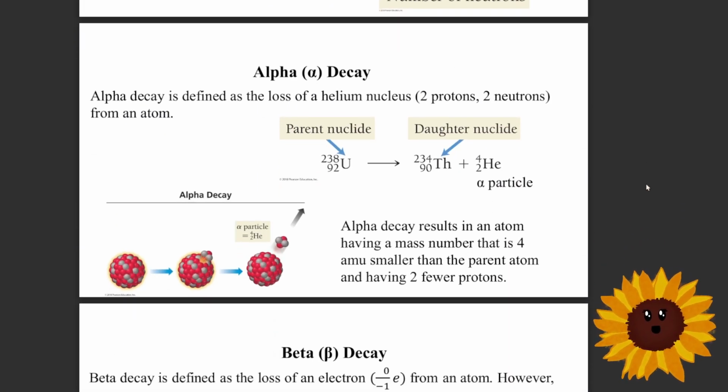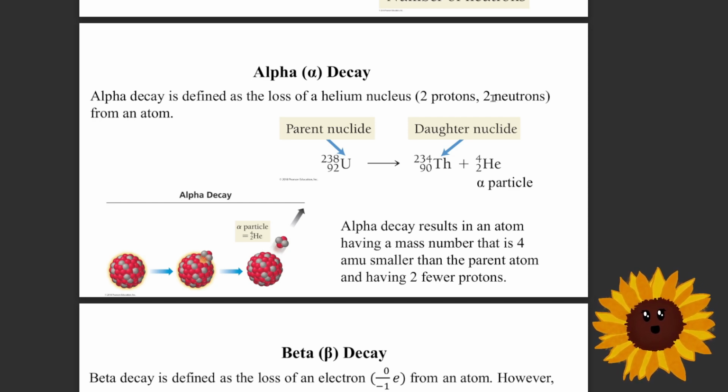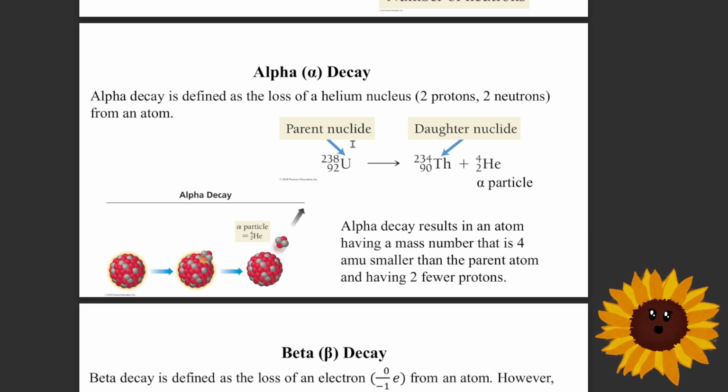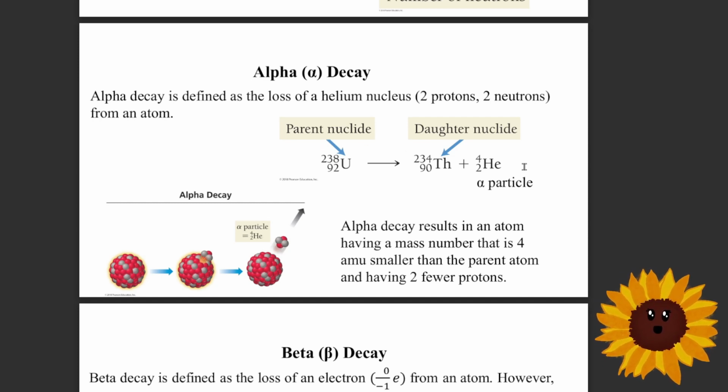Now we get into the fun bits of different types of decay. Alpha decay is defined as the loss of a helium nucleus, 2 protons and 2 neutrons. So the parent nuclide, that's just another word for nucleus, or the center of an atom where the protons and neutrons are. So the parent nuclide, uranium 238 92, and this is the daughter nuclide, or basically what comes after this.